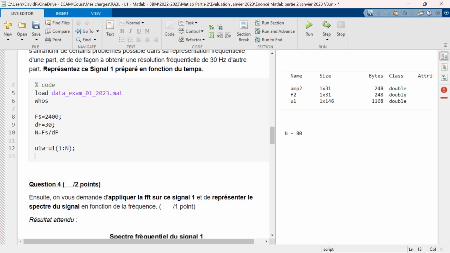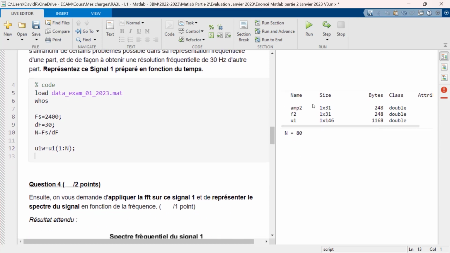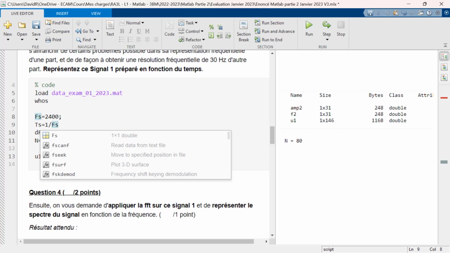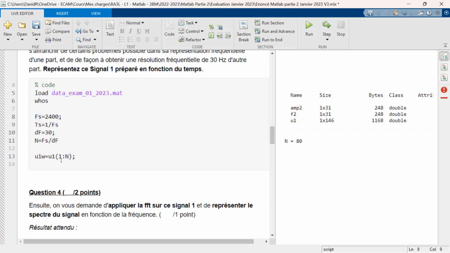On nous demande de représenter ce signal en fonction du temps, mais on ne nous fournit pas le vecteur temporel. Par contre, comme on connaît ici la fréquence d'échantillonnage, on peut en déduire ce que vaut le pas d'échantillonnage, l'inverse de notre fréquence d'échantillonnage.